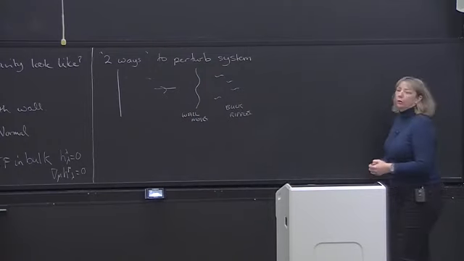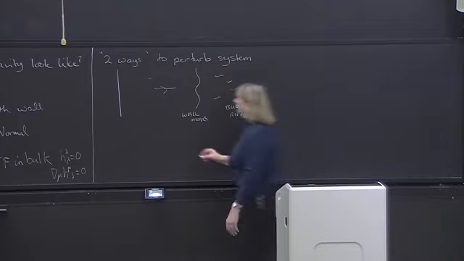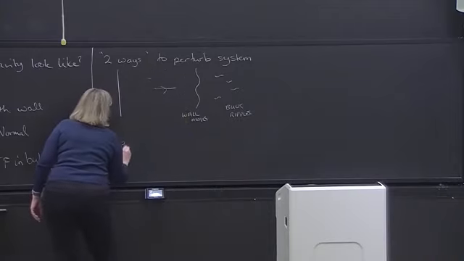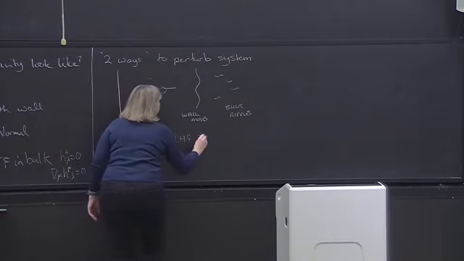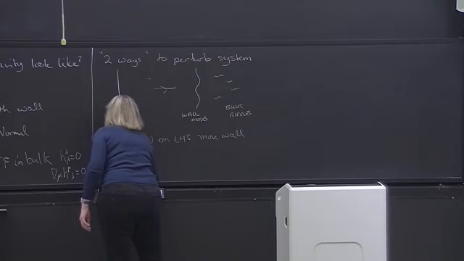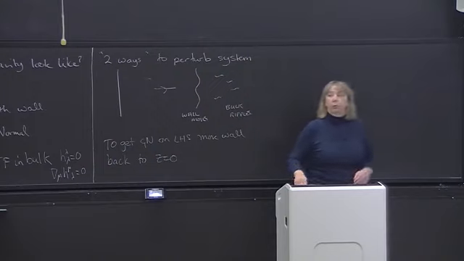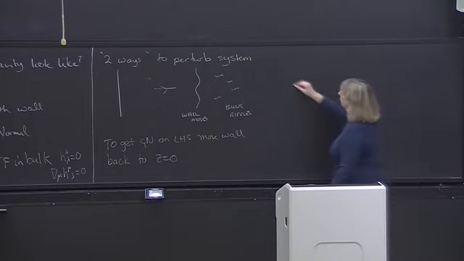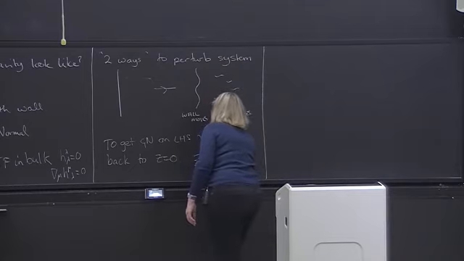So for our Gaussian normal gauge, we want z to mean distance from the wall. So we need to move our wall back to z equals 0. So we say that z goes to z plus f of x.